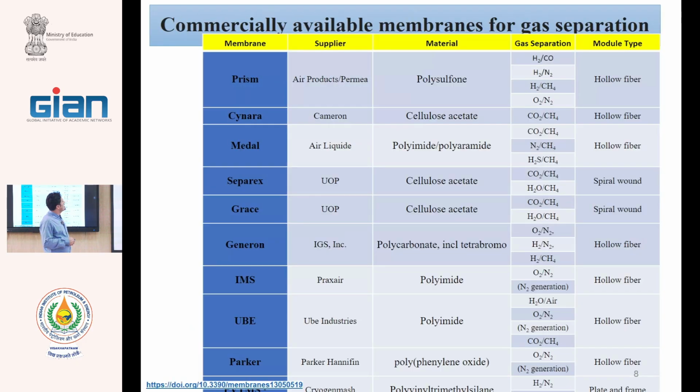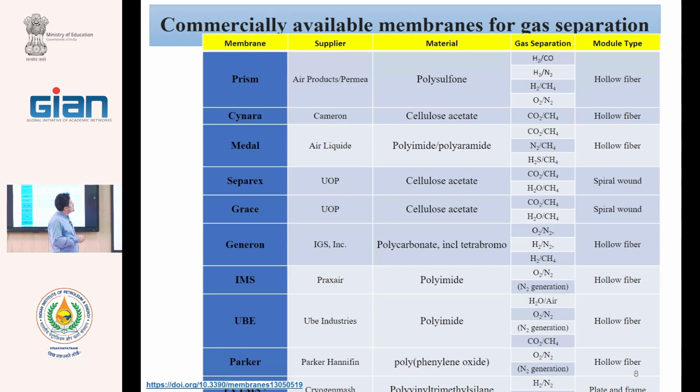This is a list of the membranes produced by different companies and the materials used. You see most is polyimide, cellulose acetate, polyimide, polyaramide. Aramide means aromatic amide.